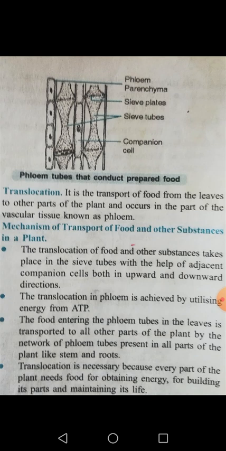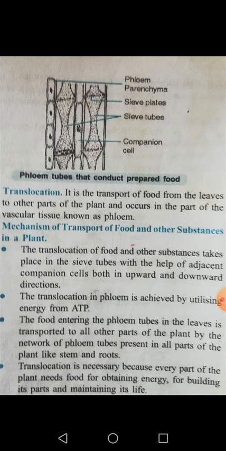So one another difference we have found out is that in case of the xylem only the upward direction of movement takes place, while in case of the phloem it may be bidirectional, upward or downward both. Now translocation in phloem is achieved by utilizing energy from ATP. The main difference here is that in the phloem nothing is free.